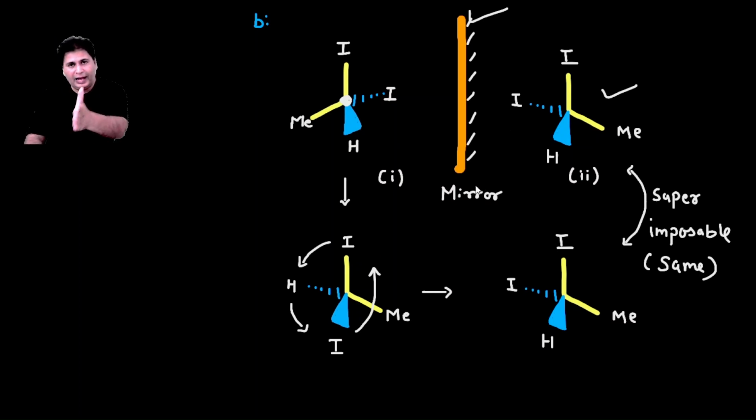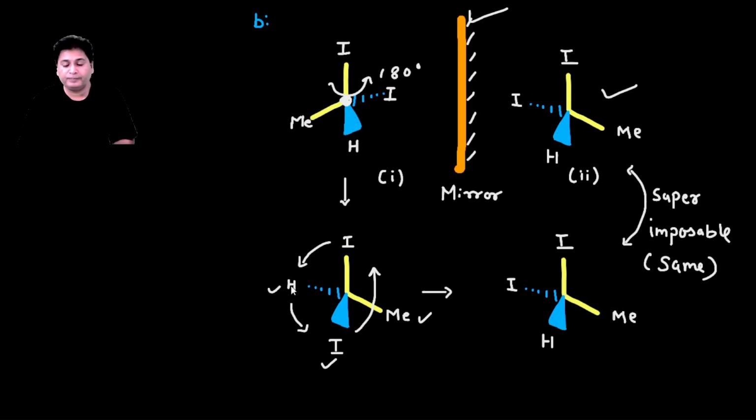First of all, I just rotated this by 180 degrees. As I rotated it, the methyl will go here, the iodine which was earlier going inside will come outside, and the hydrogen coming outside will now be inside.